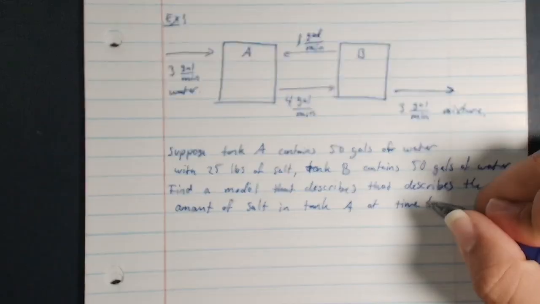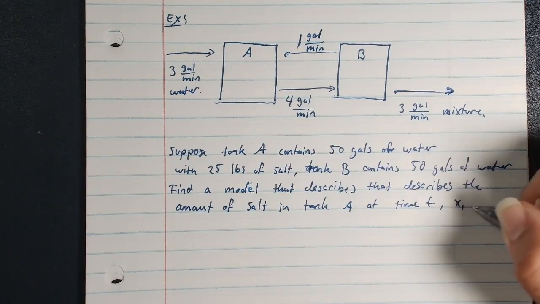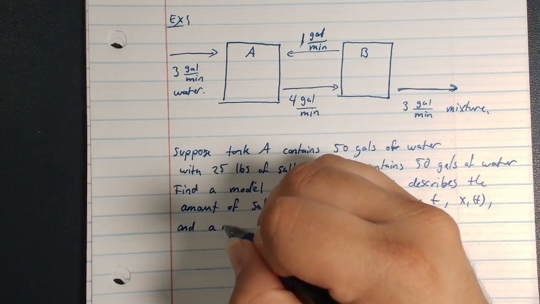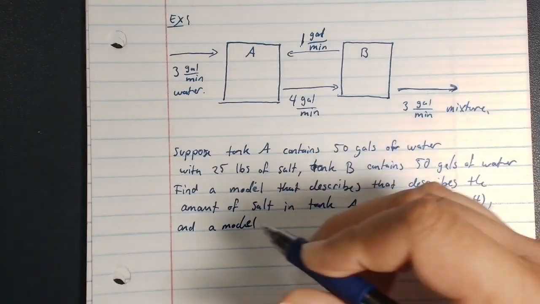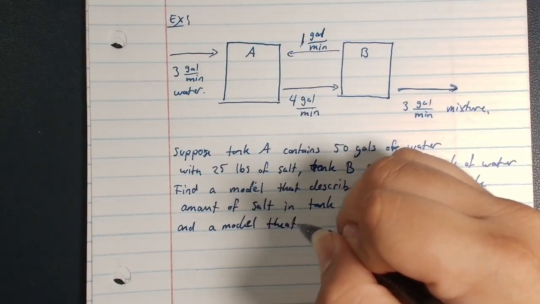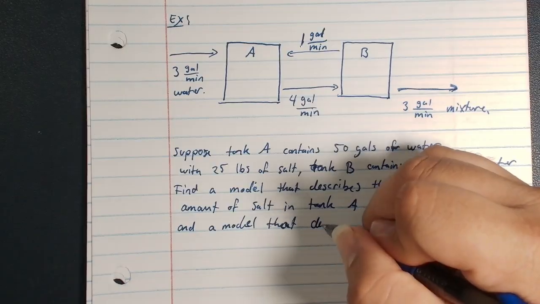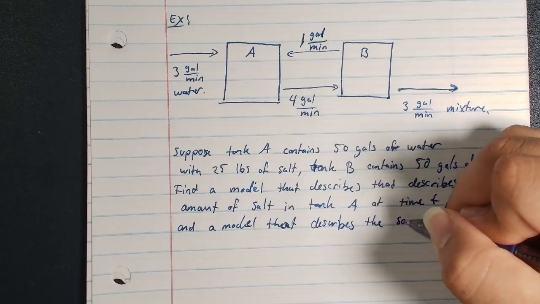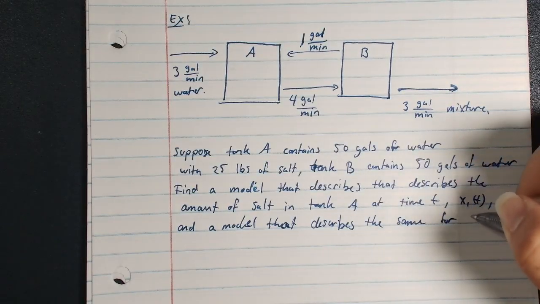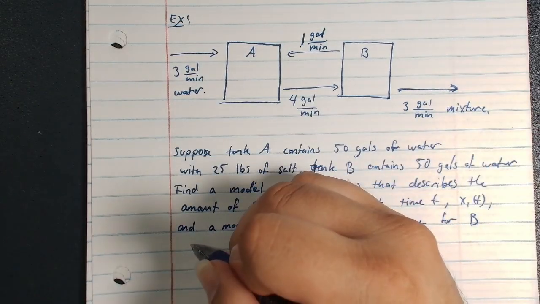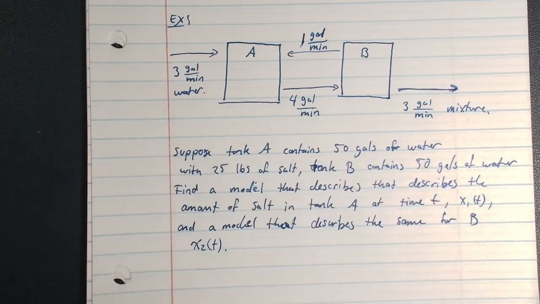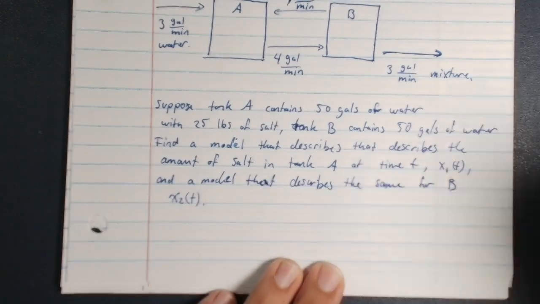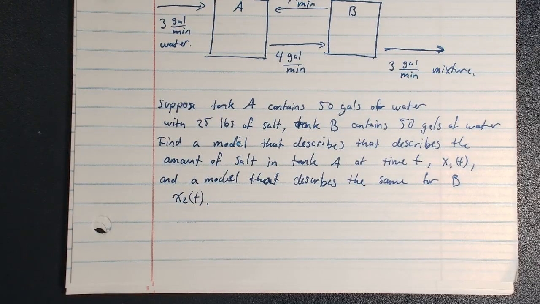We'll call the first one x1. And a model that describes the same thing for B. We'll call that one x2. And of course, you could always say x and y, but I'm going to go ahead and go with x1 and x2. Just a personal preference.